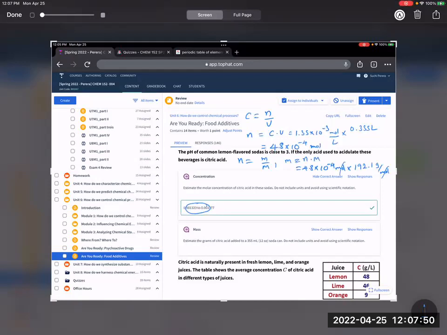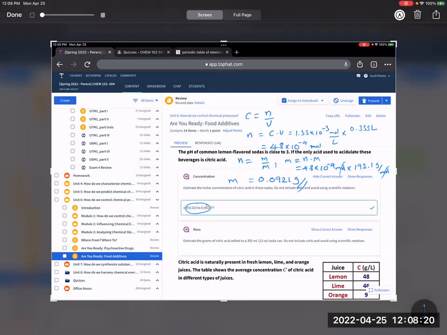Moles cancel out, and you're going to get the answer in grams. So let's try that. 192.1, you're going to get 0.092. So therefore the mass must be 0.0921 grams.